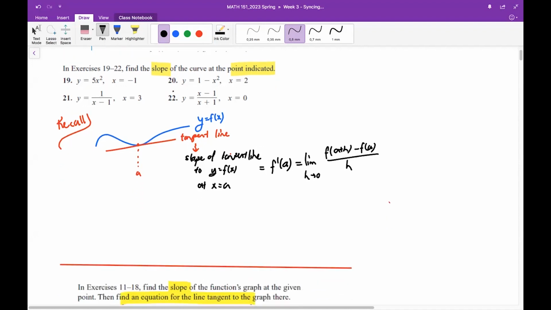Okay, exercise 22, let's solve this one. The function is given, and I want to find the slope of the tangent line to this curve at this point.